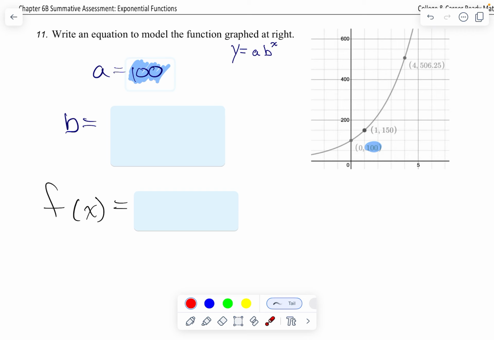My b value is a little bit more difficult to come up with. So here's what we know. My a value is 100, and it's being multiplied by some b raised to the x.